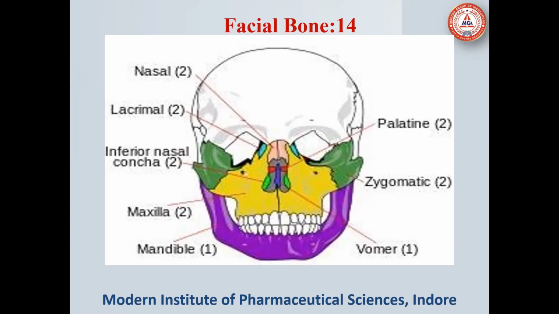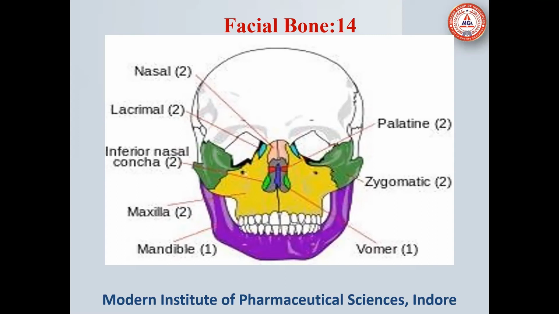The alveolar ridge or processes project downward and carry the upper teeth. On each side, there is a large air sinus, the maxillary sinus, lined with ciliated mucous membrane and with opening into the nasal cavity.